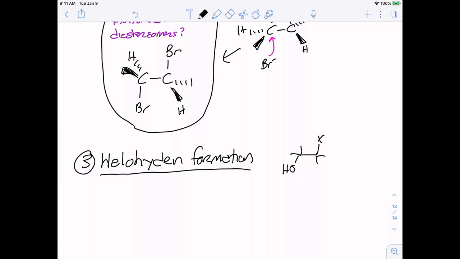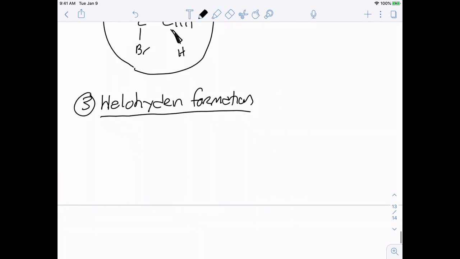Right? We did an intramolecular SN2 reaction, right, where the electrons on my hydroxyl group attacked the partial positive carbon of my halogen, and then my leaving group left. So what we're doing here is we're making one of those. So making a halohydrin. So I'm going to start it with the same alkene.